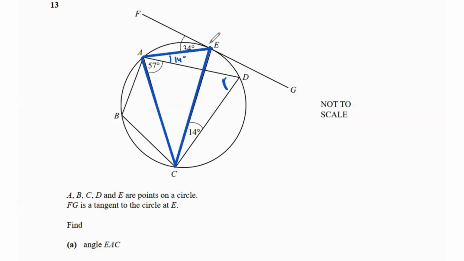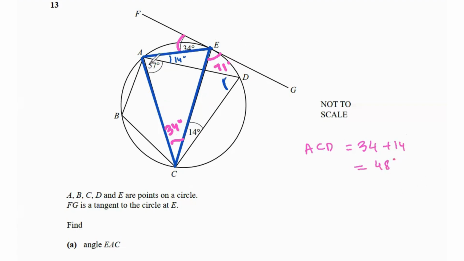According to the alternate segment theorem, this angle is this angle, and this angle is this angle. So this angle was 71, so this is going to be 71. So this would be 34. So if we add these two, your angle ACD would be 34 plus 14, which is 48.